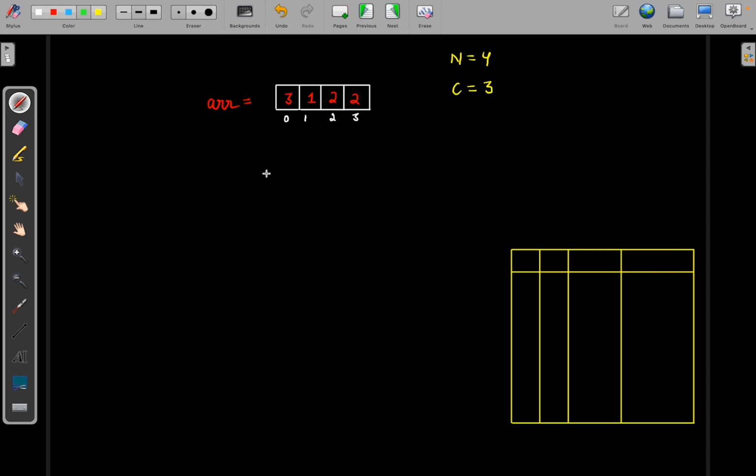So don't you think we will need to sort the array? If we sort the array, maybe we can find some patterns here. So let's first sort the array, because I need to fill with the maximum weights first. So 1, 2, 2, 3 is your sorted array.